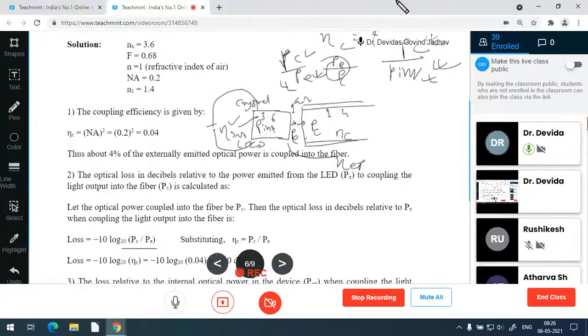Out of 100, if eta internal is 85%, then 85 photons are created out of 100 charge particles. If eta EP is suppose 60%, then out of 85, 60% will be emitted.